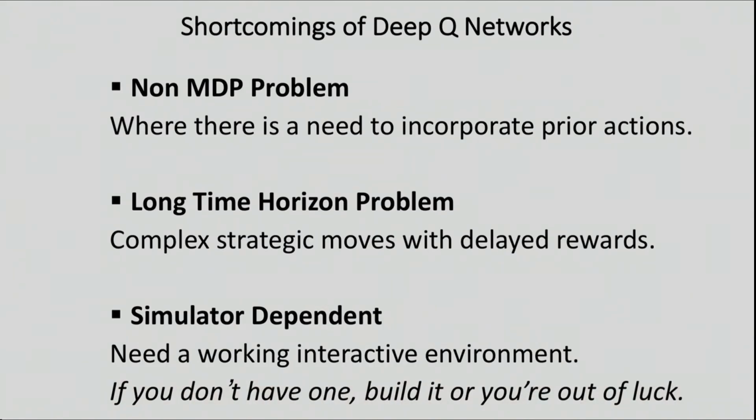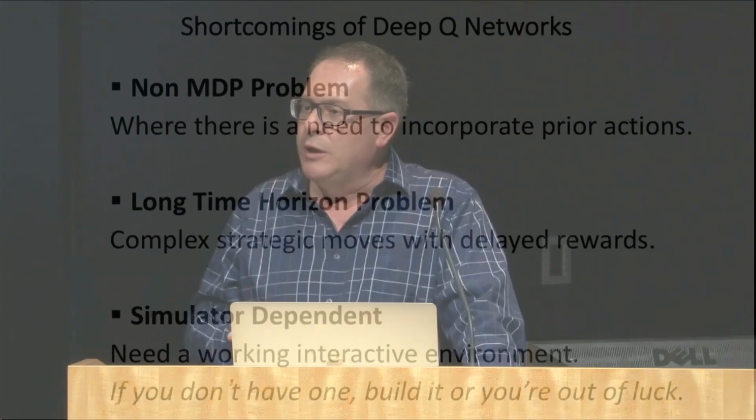If it's a very strategic situation, like chess or the game of Go, which is very complex with strategic moves and delayed rewards, then you need to change things up a little bit from the original architecture. And then it's simulator dependent. As we saw in that example, they had a benefit of an Atari simulator that you could iterate on and get better and better over time. If you don't have a simulator, either you need to invent one or think about bolting on some other capabilities.